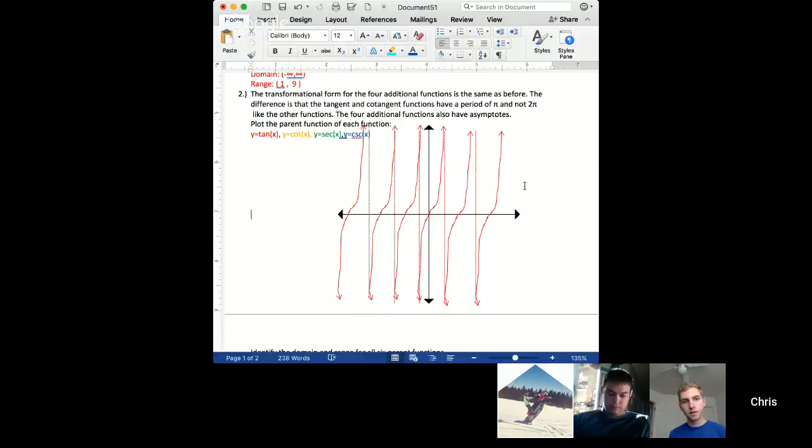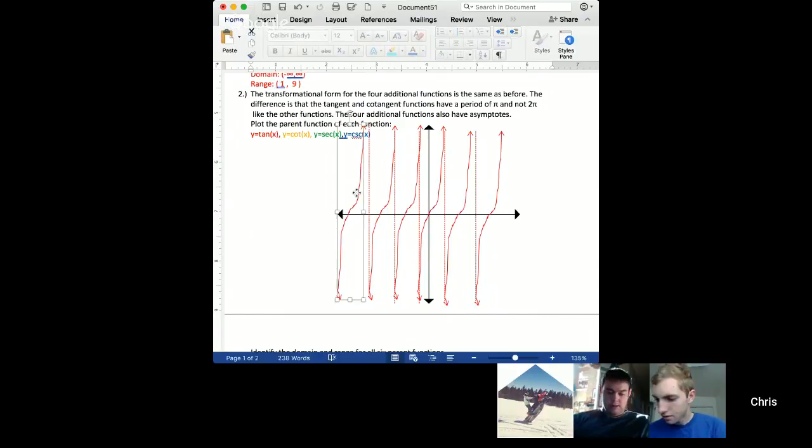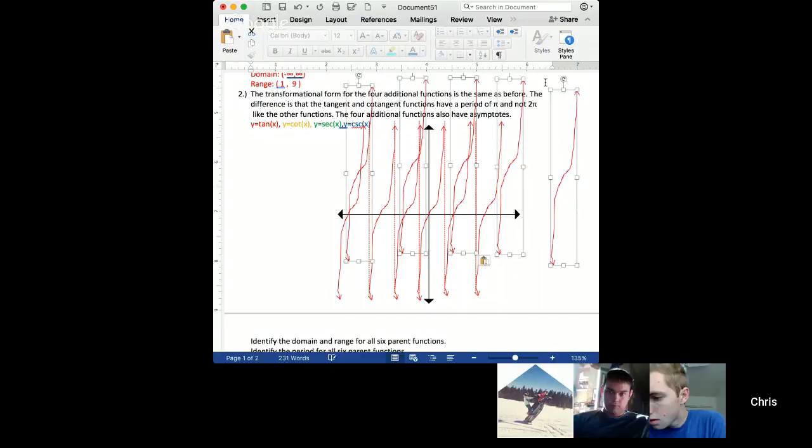I trust you. And I just want to know what cotangent looks like. Cotangent, if I'm not mistaken, is just this, but the opposite.